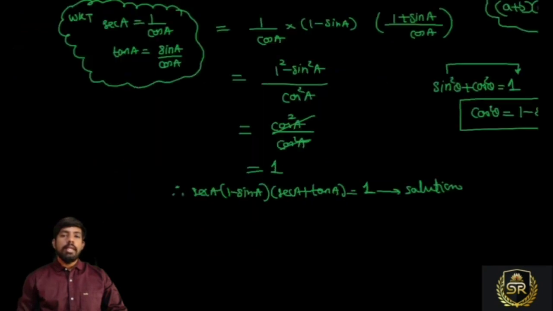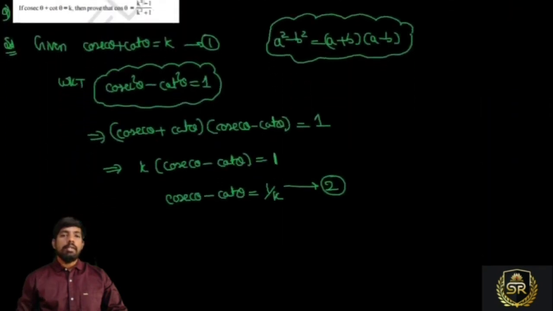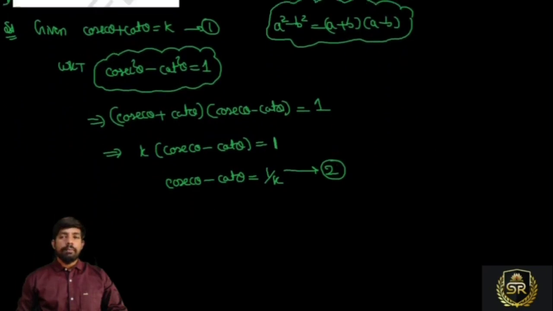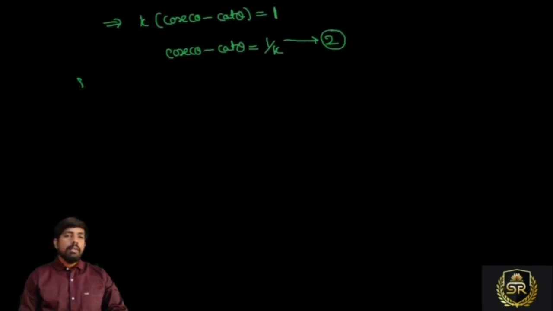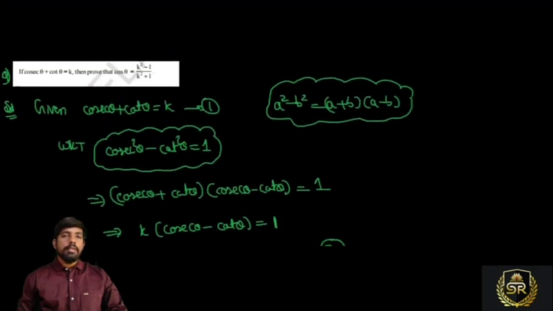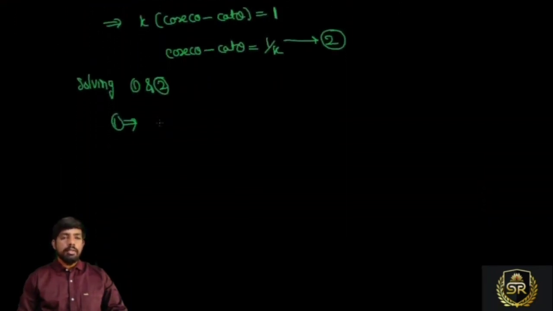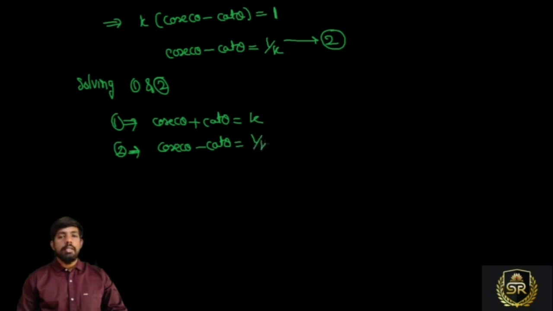Solving 1 and 2: equation 1 is cosecant theta plus cot theta equals k, equation 2 is cosecant theta minus cot theta equals 1 by k.